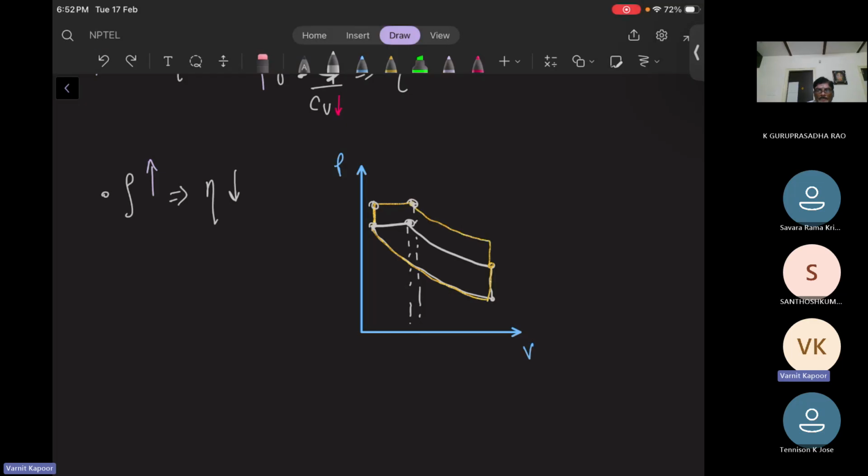And in the graphical aspect, by increasing the cutoff, earlier it was from this to this, now it is from this to this. If you increase it, what happens?